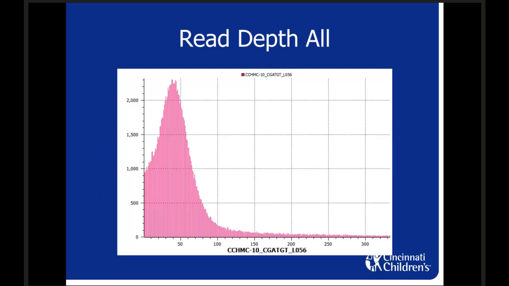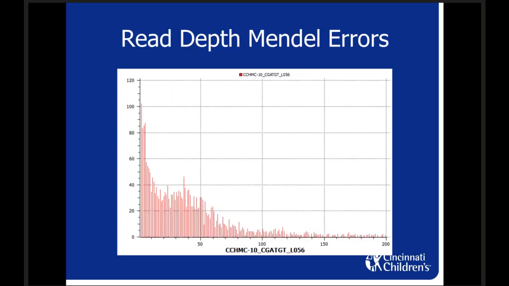And so why is this important? This is a histogram of the coverage of a typical whole exome sequencing project. In this particular sample, we got an average of about 50x coverage, which you can see is in this region here. So most of the sequence is going to be extremely high quality. However, when you look at the Mendel errors, you can see that the coverage is skewed.